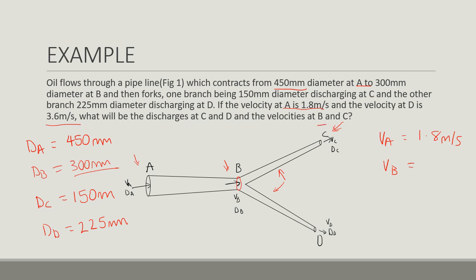No, that is actually what we are looking for, velocity at B and C. So velocity at B is unknown, velocity at C is unknown too, and then velocity at D is also, okay, it's not unknown, it's known. We're given in the question right here, 3.6 meter per second. It says what will be the discharge at C and D and their velocities. So we have to find QC, QD, and the velocities VB and VC. Now let us go on to the next slide.